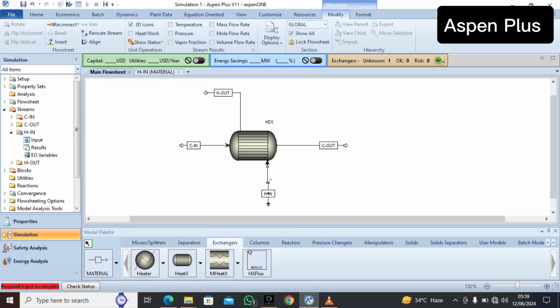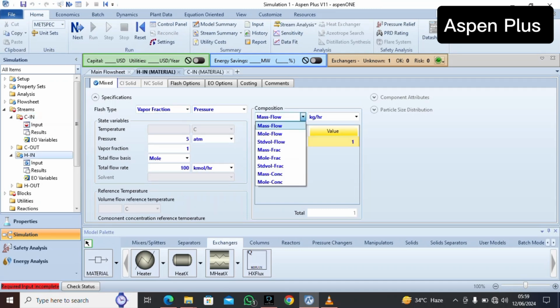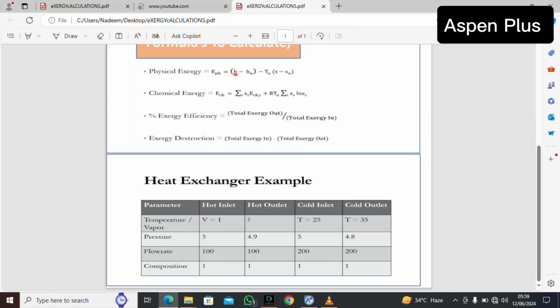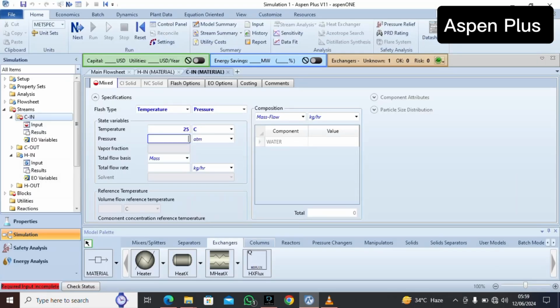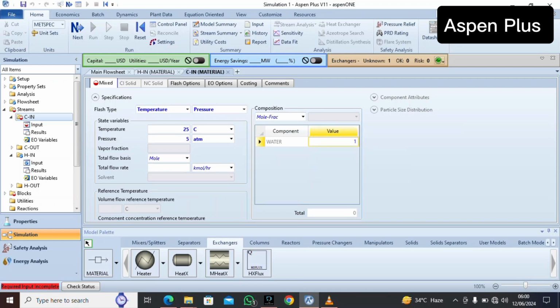Then we go to the cold inlet and specify operating conditions: temperature 25 degrees C, pressure 5 atm, mole flow 200, and mole fraction 1. See here, the blue mark.